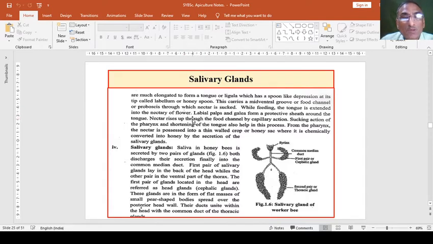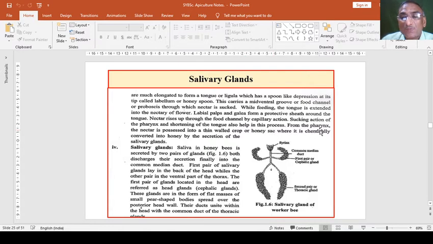So for that, labial palps and galea form a protective sheath around the tongue, which helps to suck the nectar. So nectar rises up through the food channel by capillary action, and the sucking action of the pharynx and shortening of the tongue also help in this process.